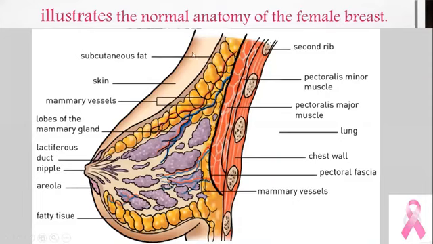Here is the skin, and the central portion is the nipple areolar complex, with the ducts passing from the nipple back into the glandular breast parenchyma embedded in the fat, and these are vessels.